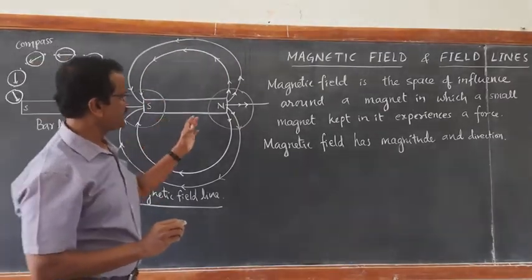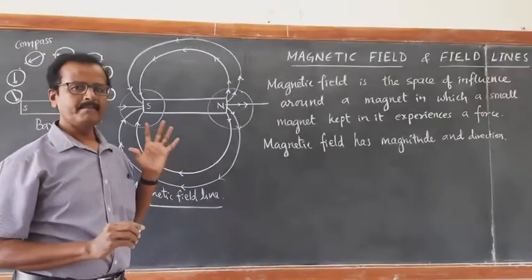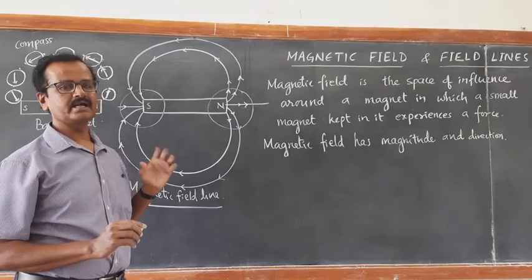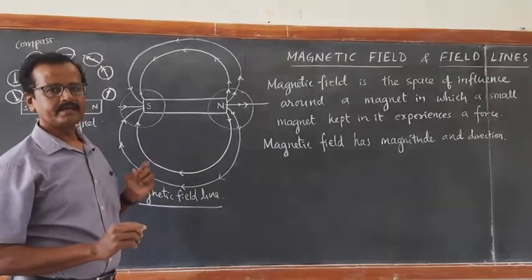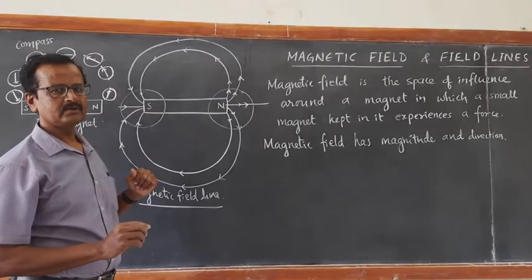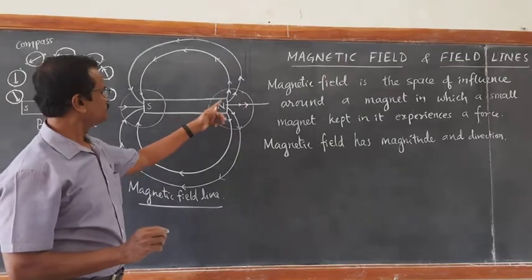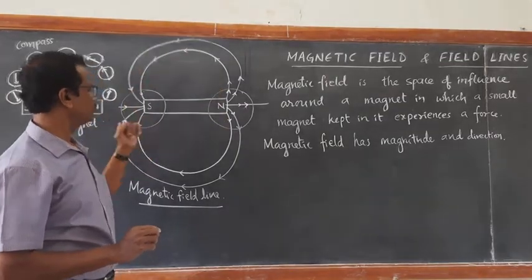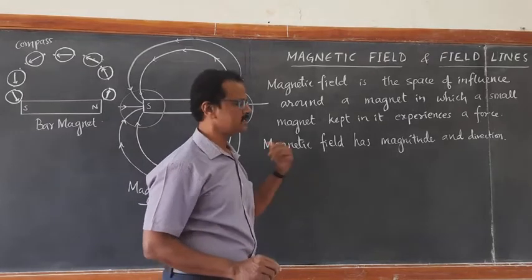So these magnetic field lines give you an idea of the direction of the magnetic field at that particular point. You can see they are emerging from north, entering into south. So magnetic field has a magnitude as well as direction.